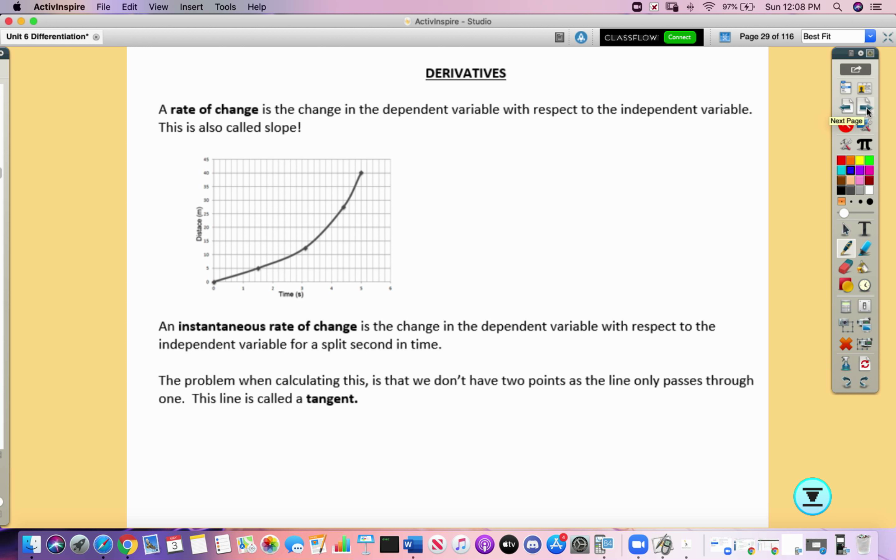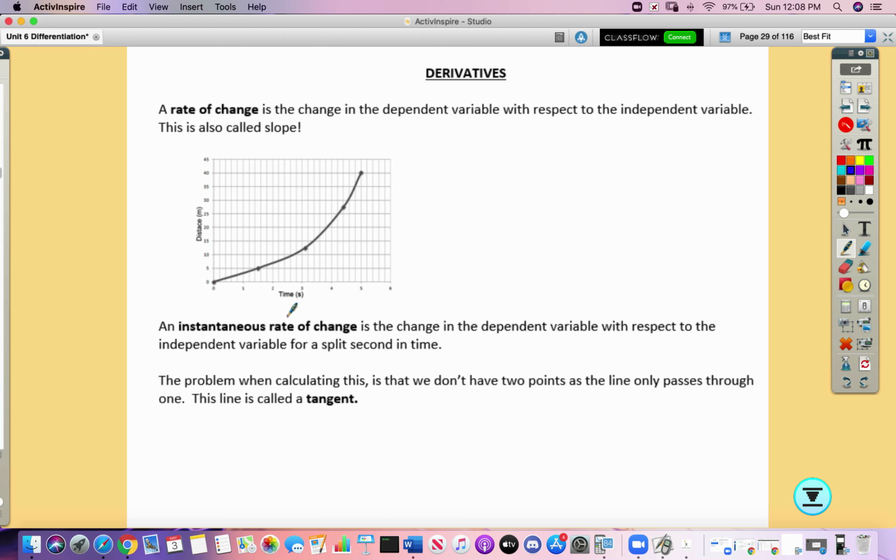So a rate of change is the change in the dependent variable with respect to the independent variable, aka the slope. So as my x value, my independent variable, changes, my dependent variable changes along with it.